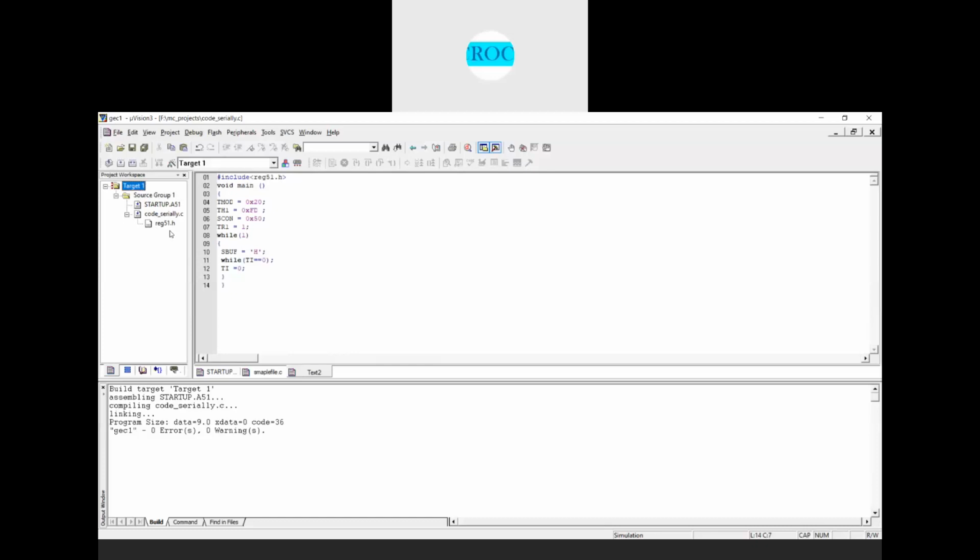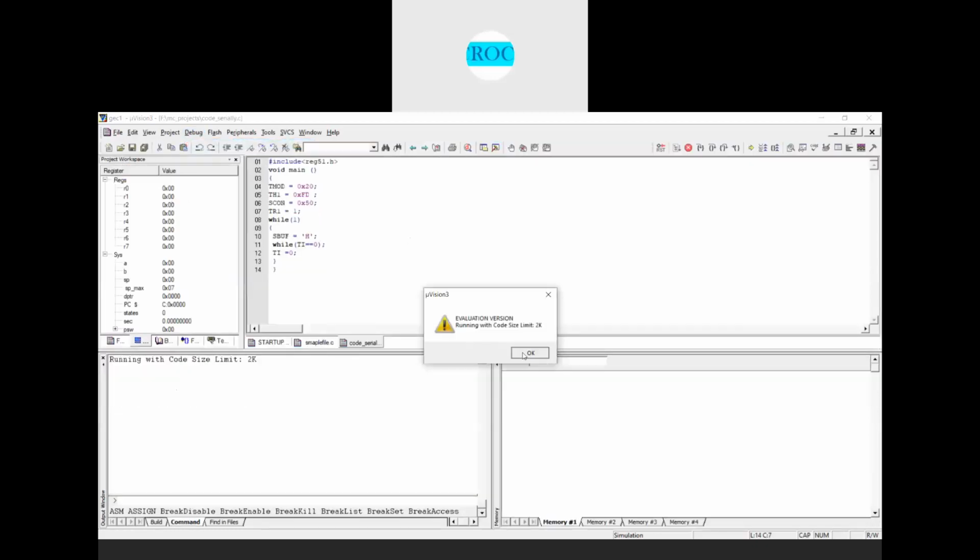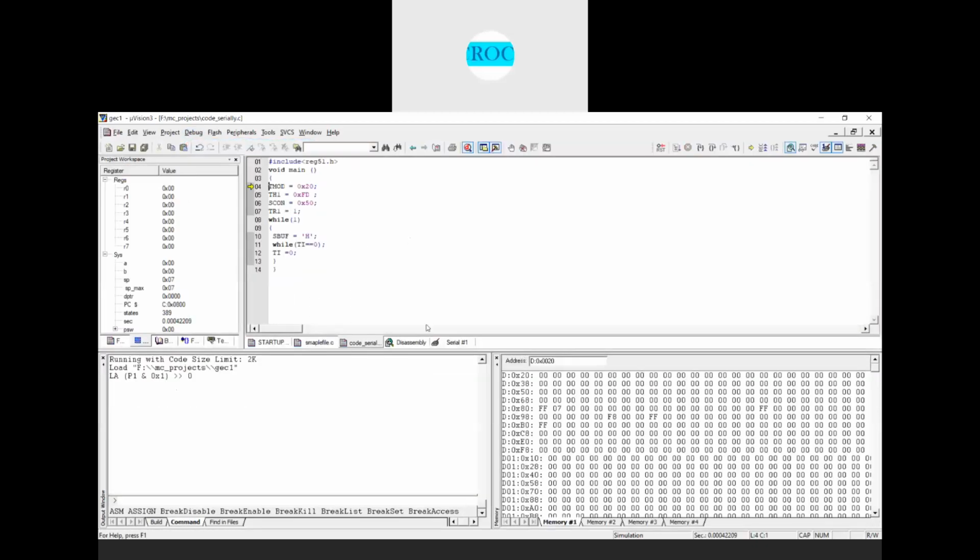All the definitions for the peripherals, the timers, and the serial communication registers are included in reg51.h. We saw the contents of these registers also, right? Now once this file is built, run this one. We know the execution of this one, the content changes in the serial window and also in the timer window, right? Now run this one.